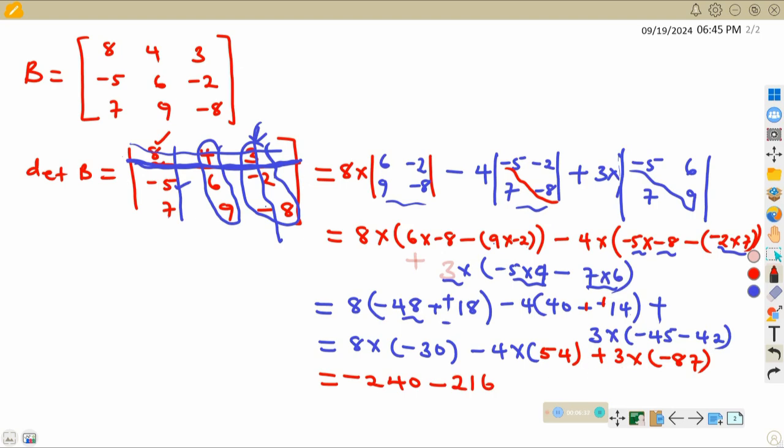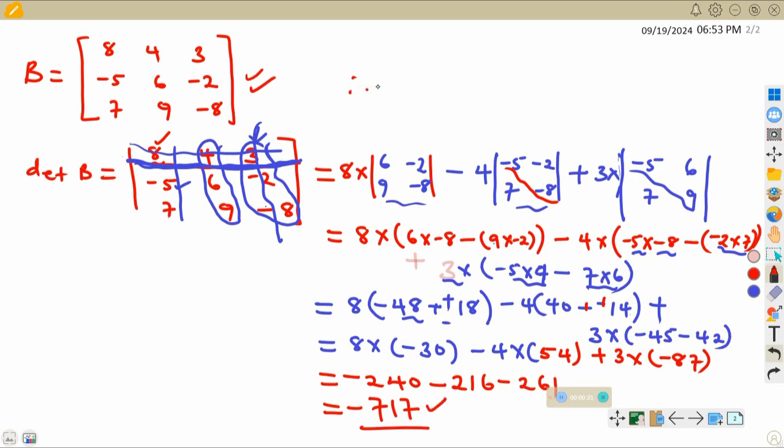Then 3 times 87, this is a negative, so we shall have minus 261. So when you get negative 240 minus 216 minus 261, you should be able to get negative 717. So this will be the determinant of B.